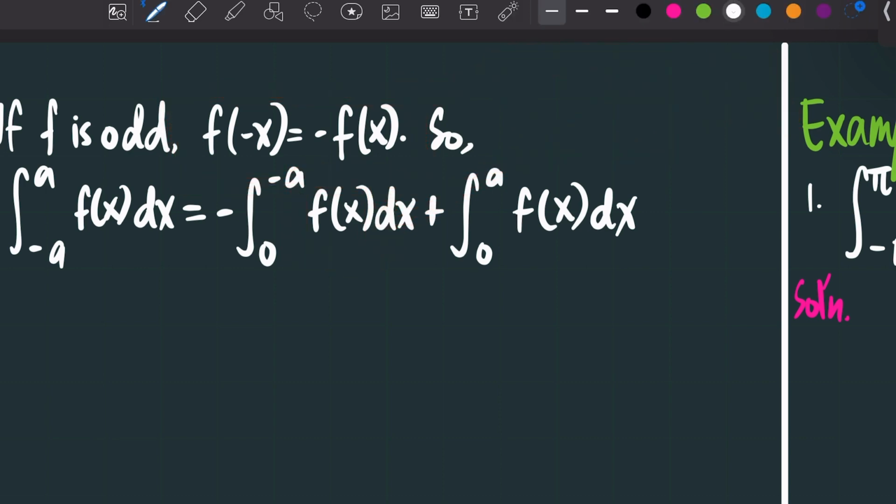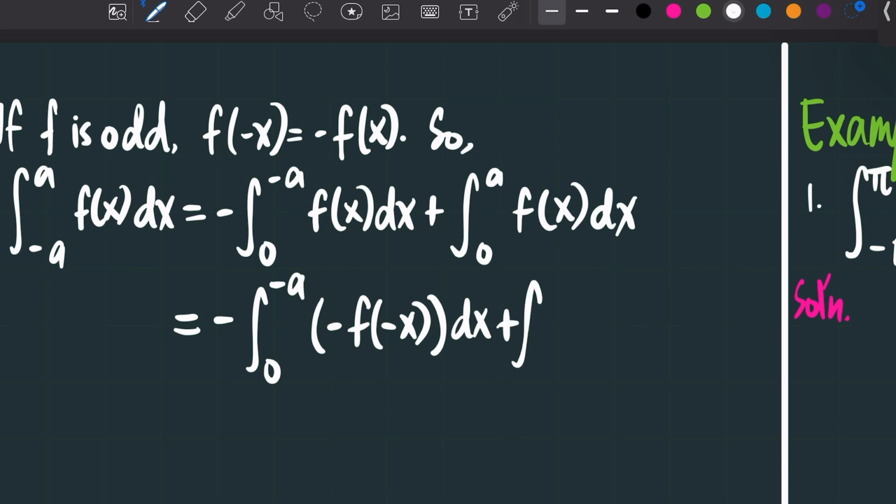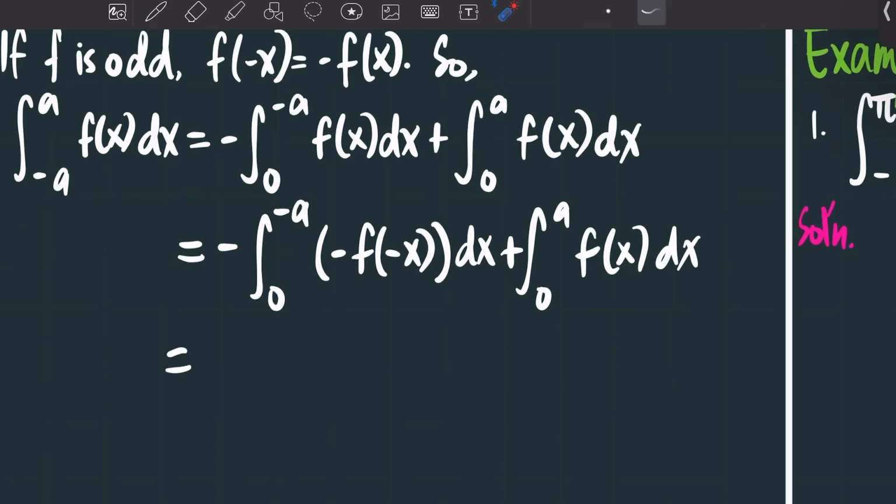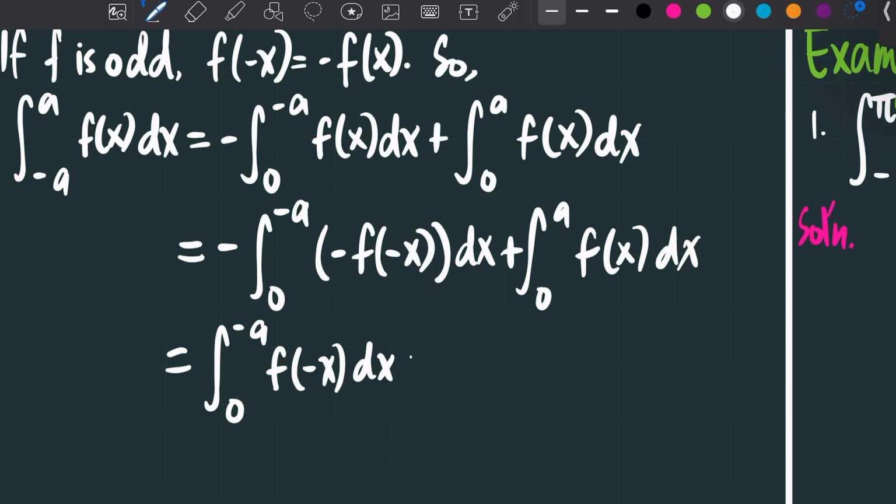So, this one becomes negative integral from 0 to negative a of negative f of negative x dx plus integral from 0 to a of f of x dx. Meron kang negative here, so pwede mo siyang ilabas. Negative times negative would give you a positive. So that's 0 to negative a of f of negative x dx plus 0 to a f of x dx.